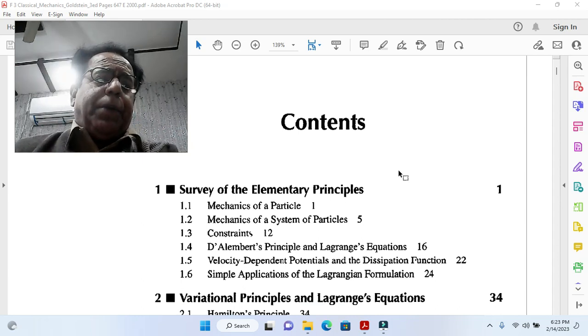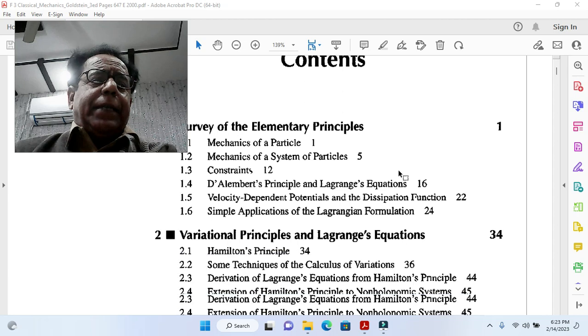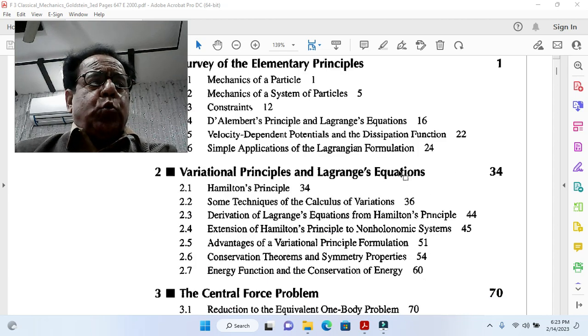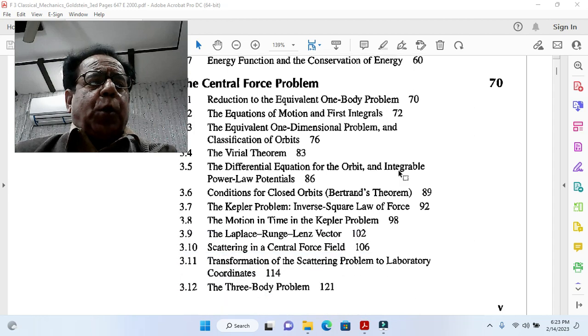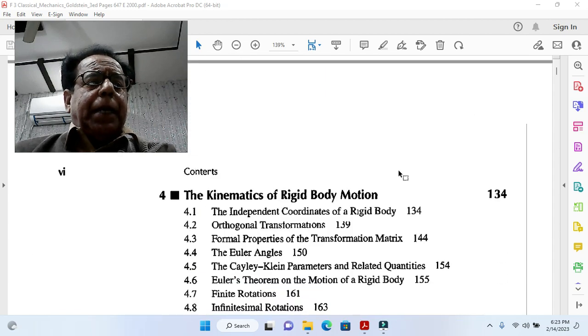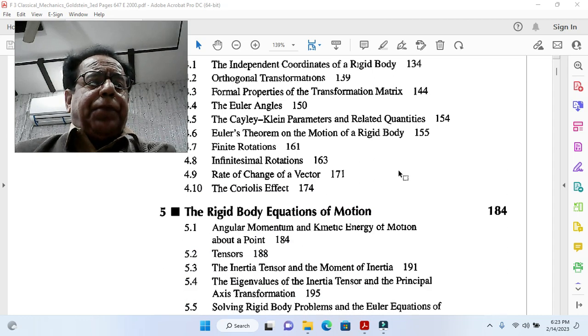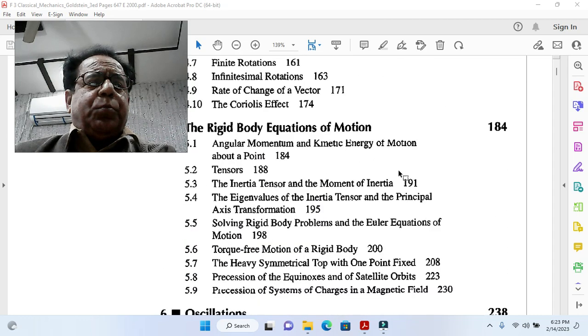Chapter number 1, Survey of the Elementary Principles. Chapter number 2, Variational Principles and Lagrange's Equations. Chapter number 3, The Central Force Problem. Chapter number 4, The Kinematics of Rigid Body Motion. Chapter number 5, The Rigid Body Equations of Motion.